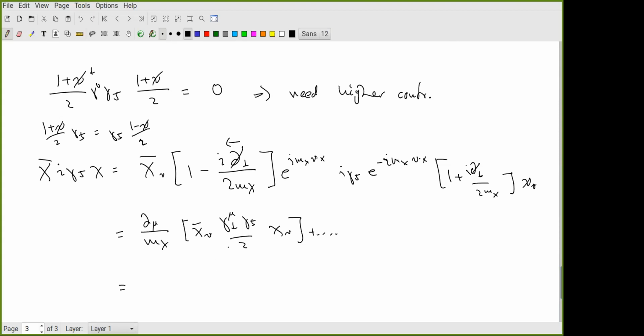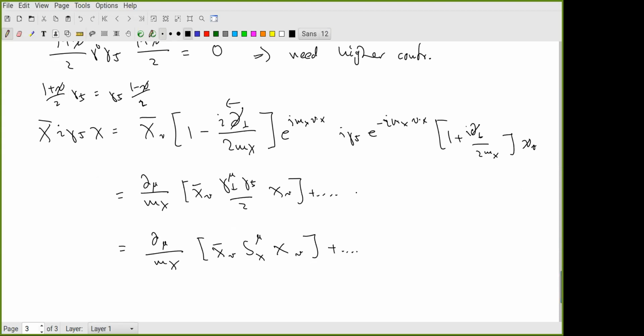This is just the relativistic generalization of the spin operator. So this is just d mu divided by m chi, chi bar v, and then the spin operator of the dark matter. Dot, dot, dot means terms that are even more suppressed, and we drop them.